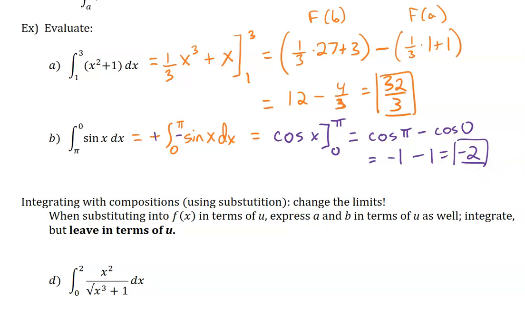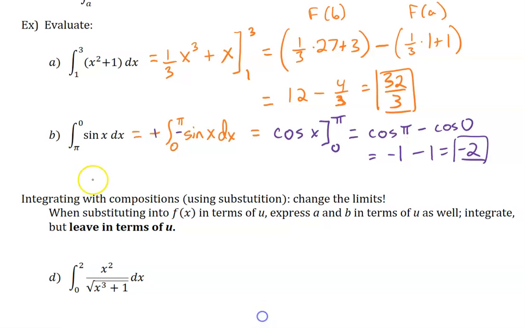Okay, and this one we can think about whether or not it makes sense for that to be negative if we think about the function. Okay, so the graph of sine x looks like this. So from 0 to pi, we're talking about this region right here. But remember, this integral was from pi to 0, meaning we were accumulating from right to left. So because we're going from right to left, we would have the opposite of that actual area.